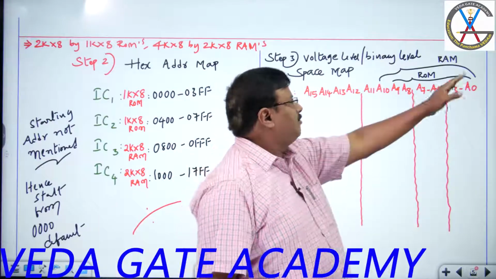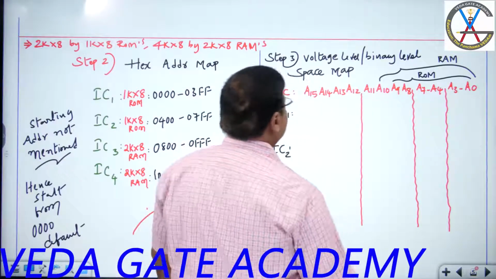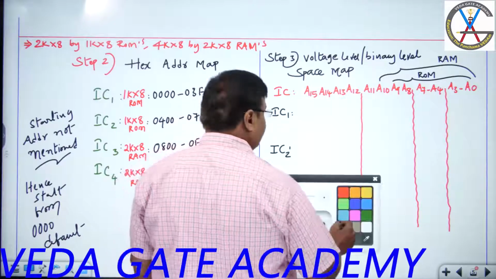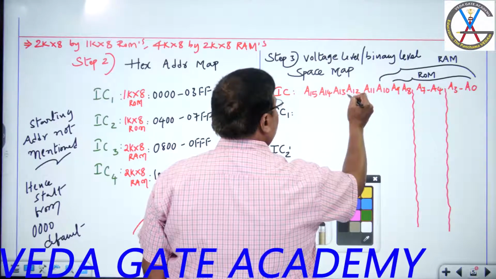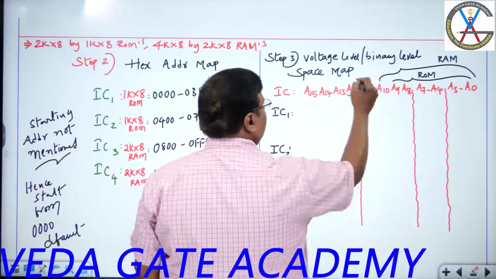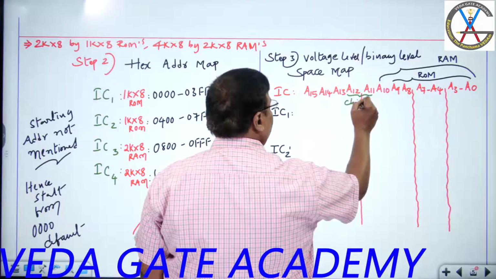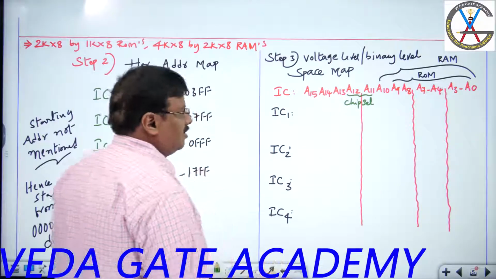Address range for RAM 0 to 10, 2K. And who are the chip enable lines? 11, 12. These two. Who are they? Chip select lines. Chip select lines.